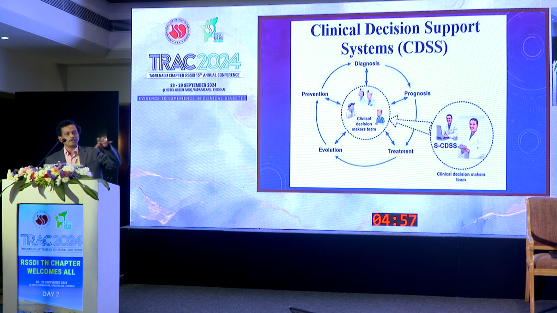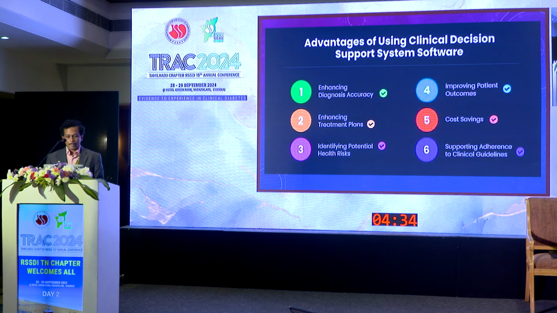If we have a trend line of data, we can see how the glucose is increasing and how the blood pressure is rising. With the help of other data like family history, it is possible to predict and prevent diseases like hypertension or diabetes. That is the impact: we can predict and prevent.